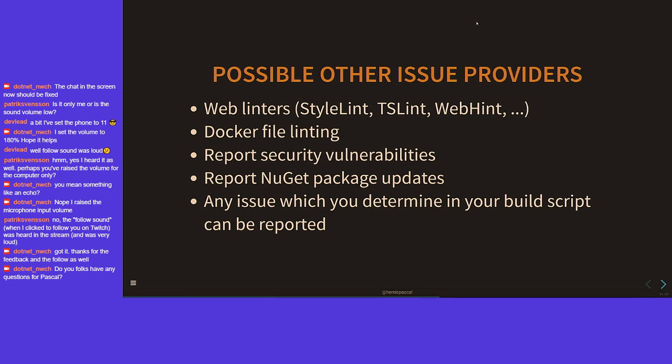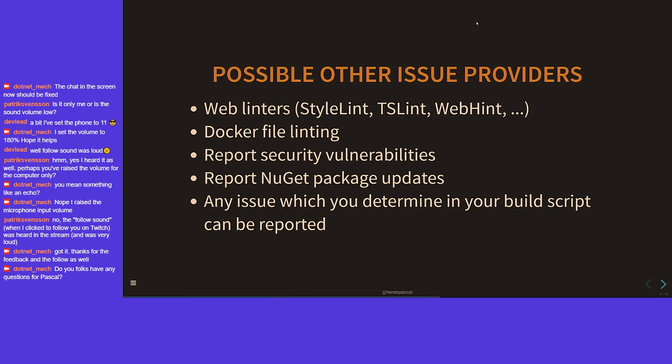There are tools for this, or you can hook into a tool which reports security vulnerabilities. There are tools, for example, which check your NuGet packages, so you can run this, and if it reports something, you know on which line in your csproj or packages.config, if you still have packages.config, the specific NuGet package is used, and then you can report that the package on this line has a security issue.